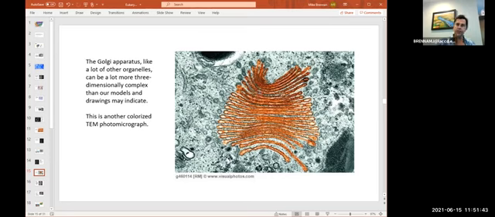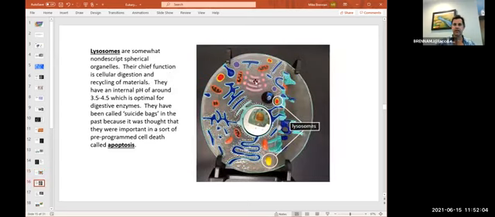The way this works is receiving is on one side, where material produced by the endoplasmic reticulum, the vesicles, dock here, and then it works its way through as it gets modified. And then shipping is on the other side, where vesicles take it to the cell membrane for secretion or exocytosis. Right here, where I'm highlighting with the cursor in pink, that would be where the Golgi apparatus is.